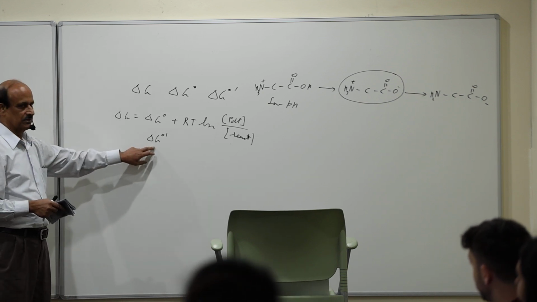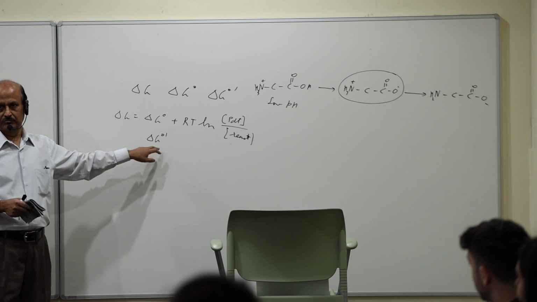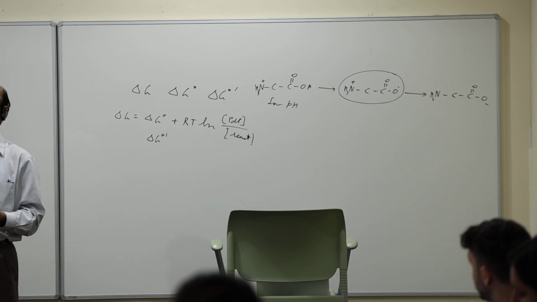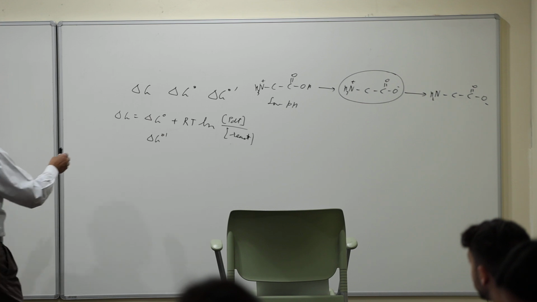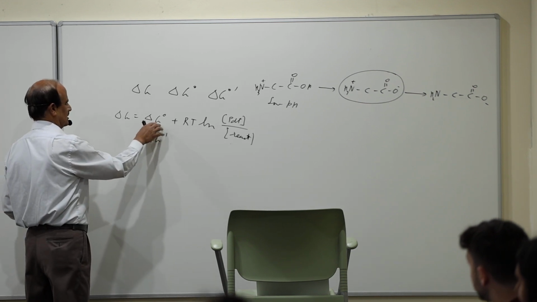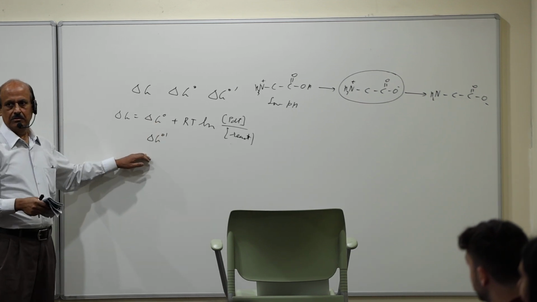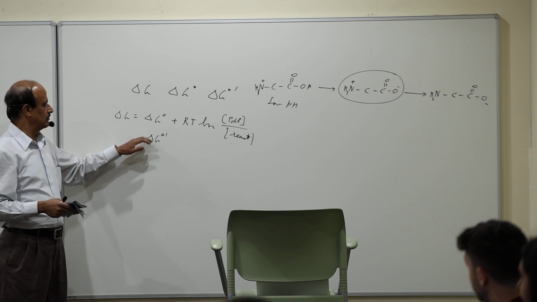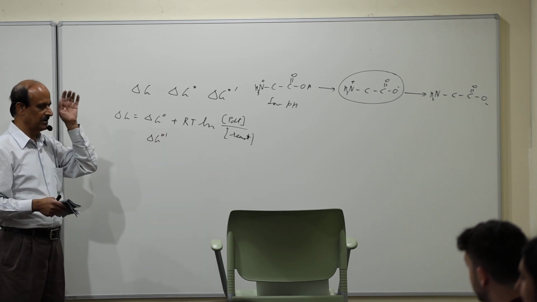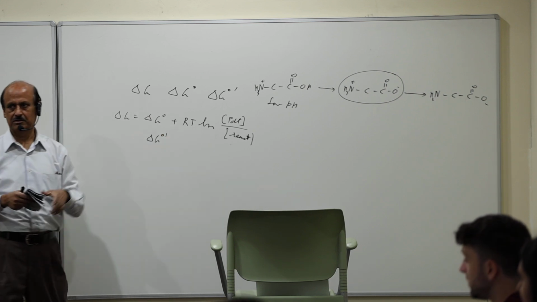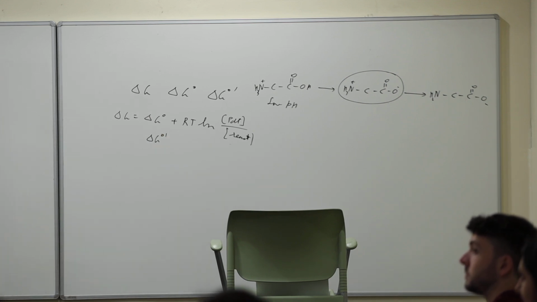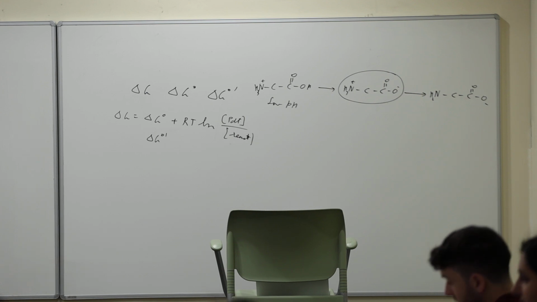The way it is different is that the pH of water, which is 7, means the hydrogen ion concentration is 10 to the minus 7 molar. So if we take the log of that, that is incorporated into this delta G value. For any reaction that does not have a hydrogen, that doesn't affect, but if it has a proton as the reactant or product, then they will be different.